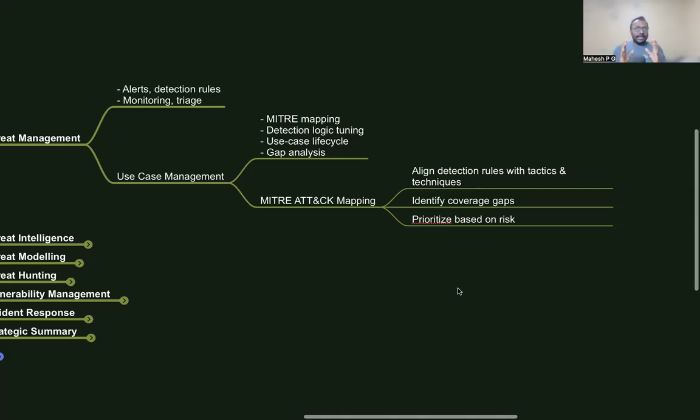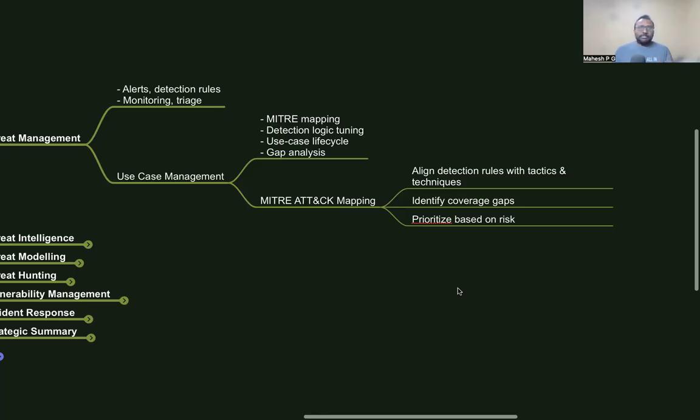Then once we align these detection rules as per the MITRE mapping or organization requirement, then we have to see whether all the assets are covered. One of the major challenges organizations nowadays are facing is understanding what their assets are, the CMDB, the configuration management database, right?